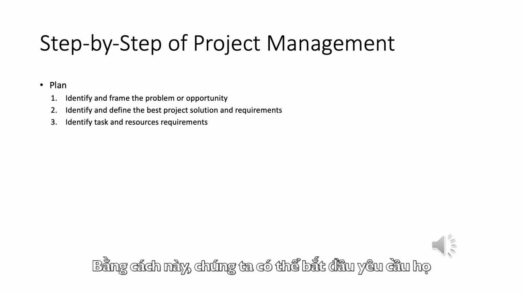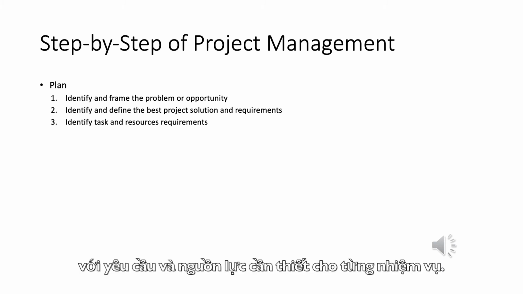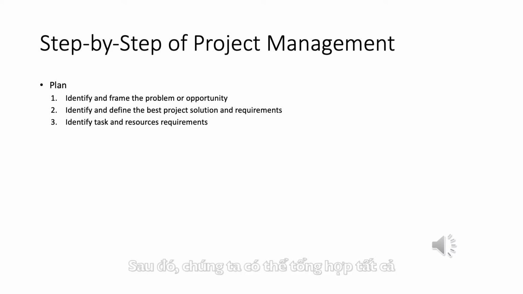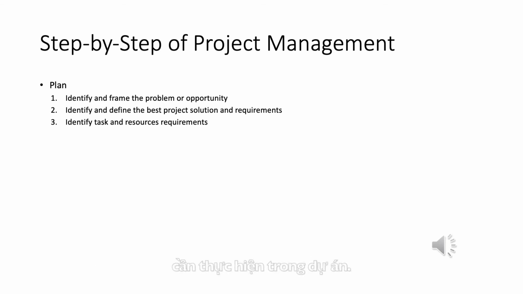By talking with them, we can now start to ask them to develop subtasks, and those subtasks with their own requirements and resource requirements. We can then consolidate all of these into one master plan, which describes in completeness all of the tasks that are going to be accomplished on the project.